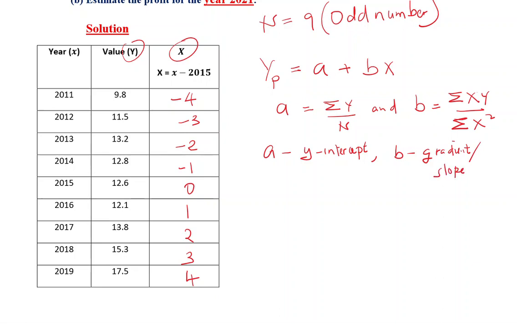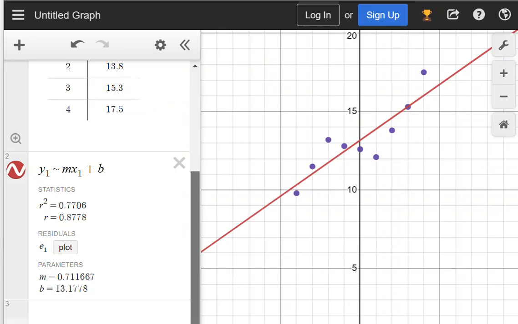So let's take the information from the graph and plug in here. We have the value of m, which is the gradient or slope, and we have the value of b. Let's take this information and plug it into the equation we had earlier.